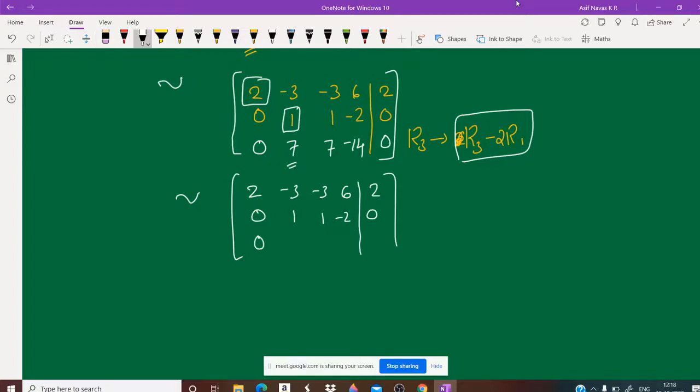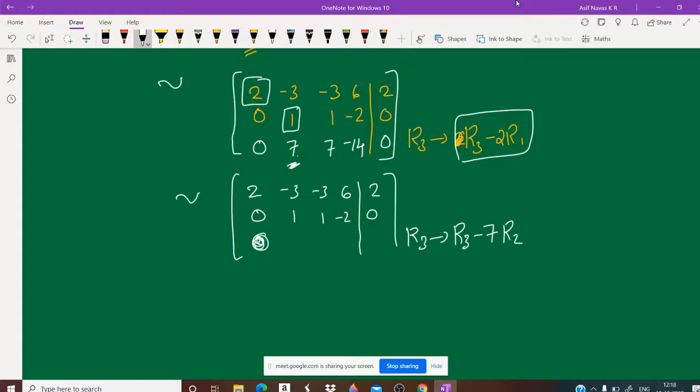Okay, so now what is the row operation here? We want to convert this into 0. Tell me what is the row operation? Here there is 7, so R3 minus 7R2.